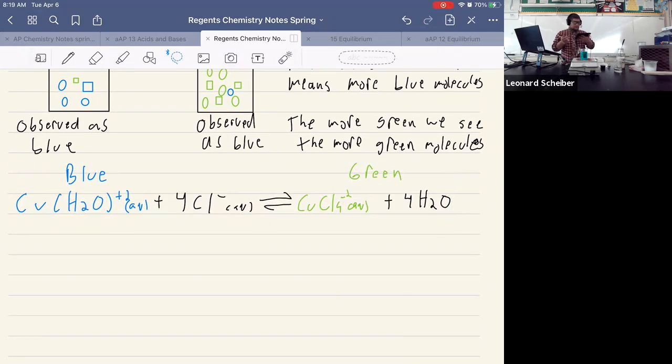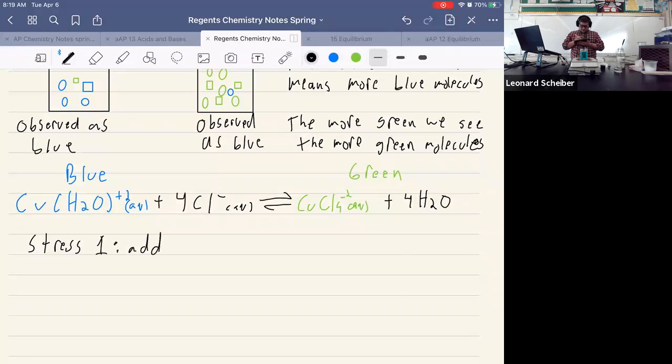We started as blue. And then the first stress we did was to add sodium chloride to this equilibrium.